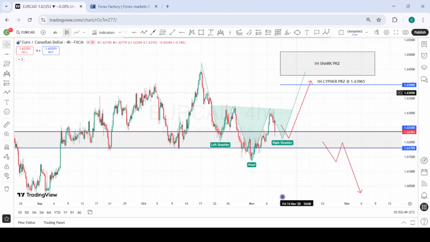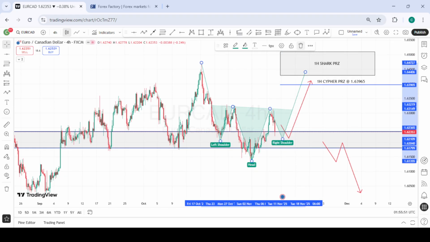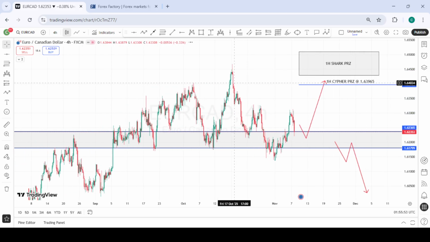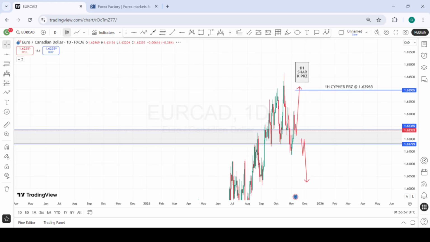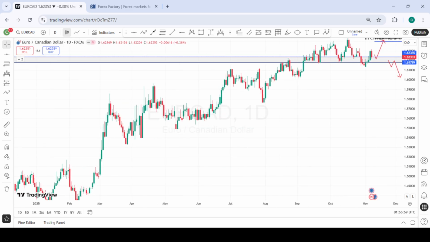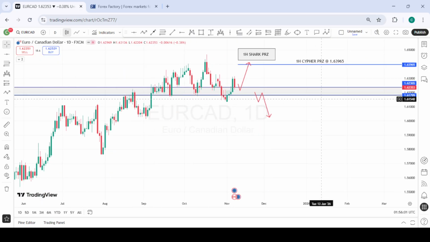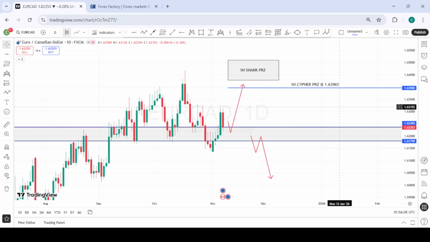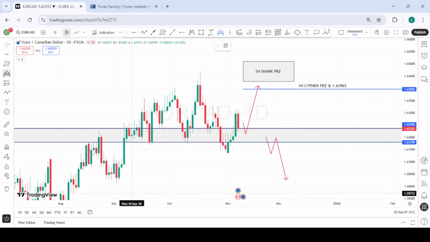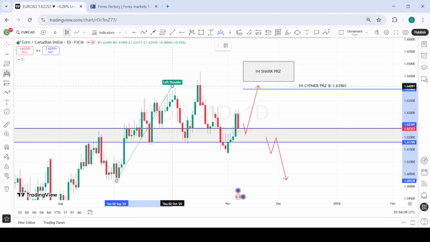Another thing I was seeing here was we're looking at this possible head and shoulder formation. So what this could possibly do is that we could now be seeing our right shoulder formation. So this was the left shoulder, the head.